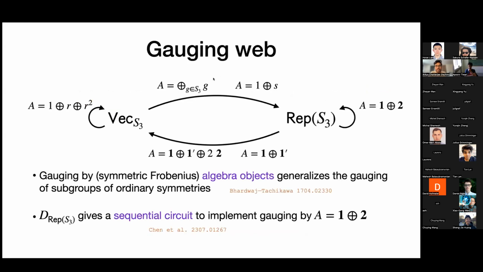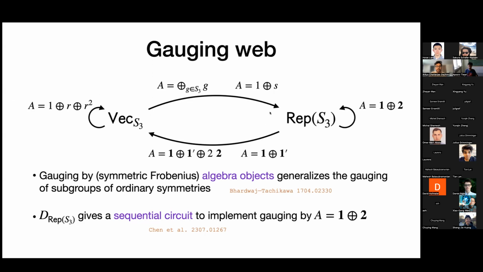So here's a gauging web that sort of captures all of the stuff that we've been talking about. You had an S3 symmetric model, which I'm labeling with the fusion category Vec S3. You can gauge subgroups of S3. So for instance, if you gauge Z3, it's a self-duality, which is this gauging here. You could gauge the entire group, which you may believe gives you Rep S3.